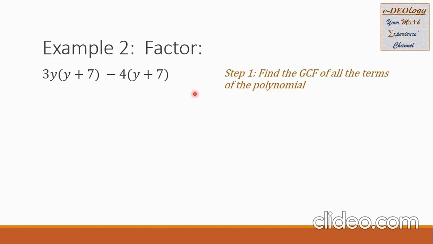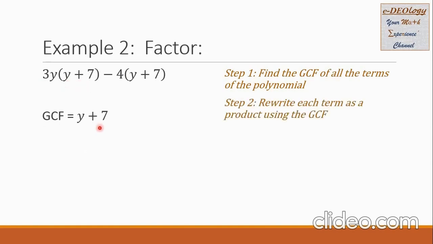Let us go to our step 1. Find the GCF of all the terms of the polynomial. So our GCF is this y plus 7. That is the common in the first group and in the second group. So I wrote here the GCF, that same y plus 7.